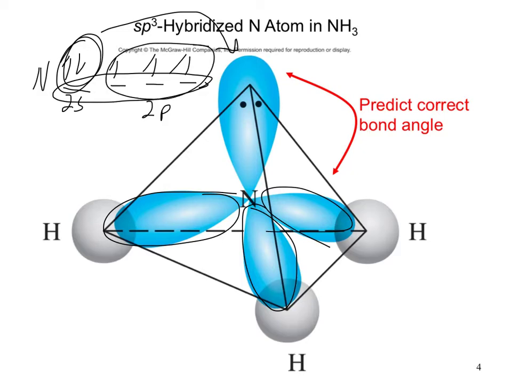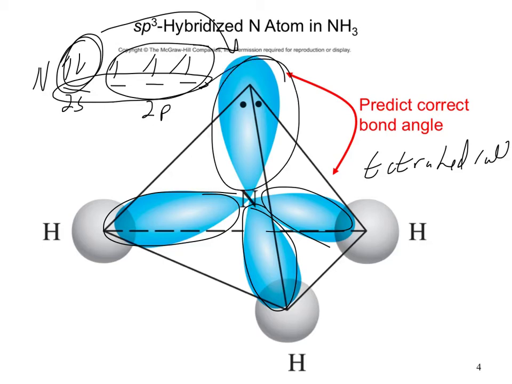And when we do this, we see that we still have the tetrahedral electron domain geometry, right? Well, we can also predict the correct bond angle because we know the size of the lone pair is going to be large. So we knew that this bond angle here, the hydrogen to nitrogen to hydrogen bond angle, must be less than 109.5.